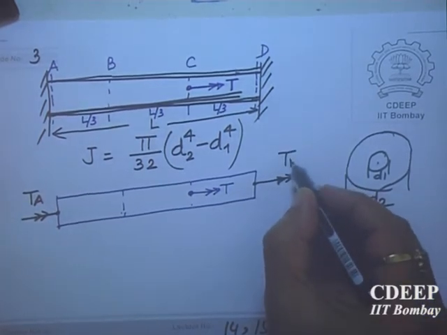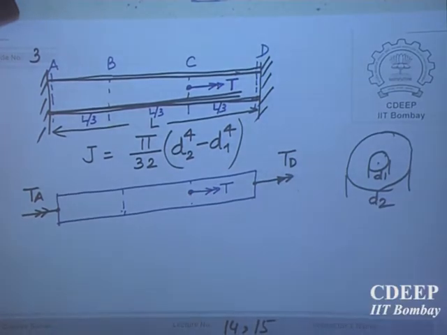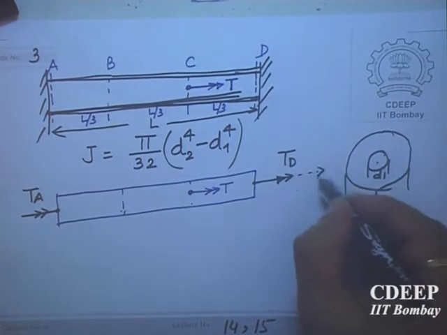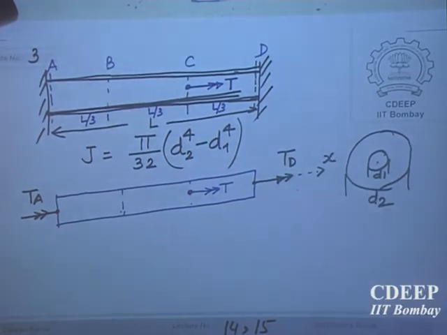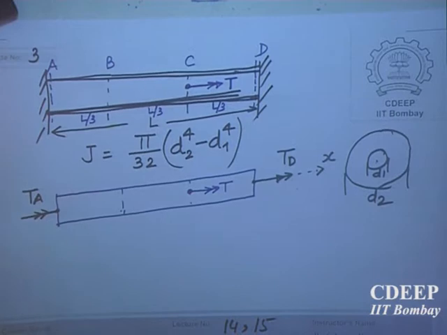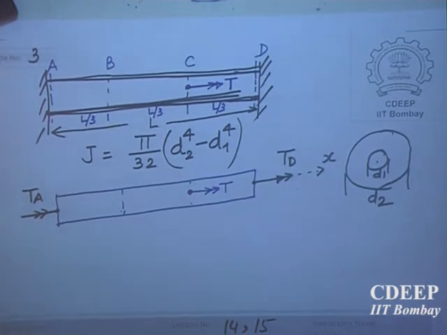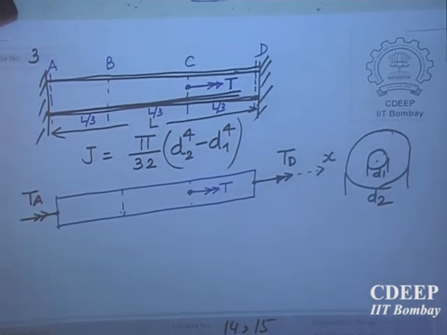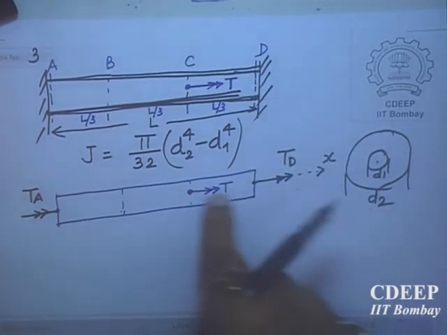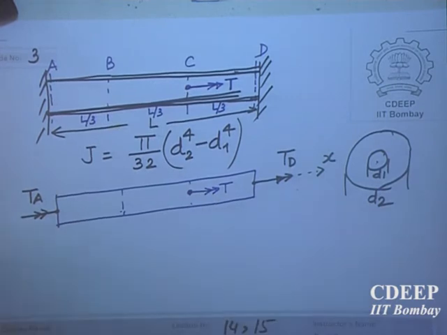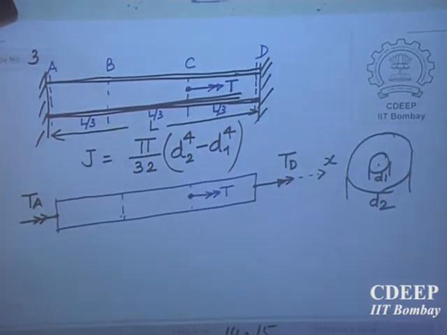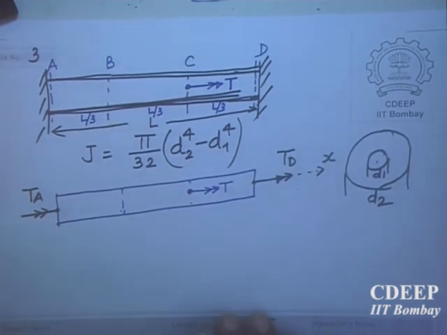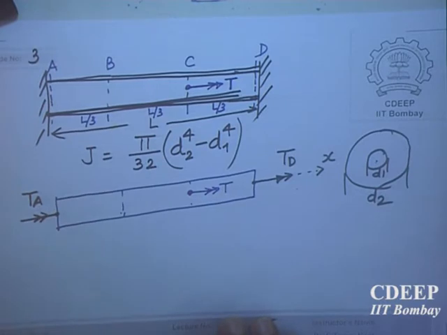I do not know the direction, so I am taking everything positive in the positive direction of my coordinate. So this rod is subjected to one applied torque, while TA and TD are not applied, but are the support reactions.